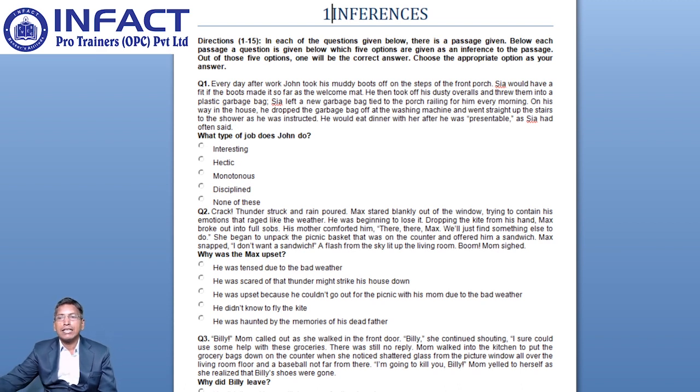Because it has been mentioned in the passage that the mother unpacked the picnic basket and took out the sandwich, but the boy refused to have it. The event of unpacking the basket for the picnic reflects the reason of the boy's sadness. So, obviously, he was upset because he couldn't go out. So, option 3 could be the right answer.